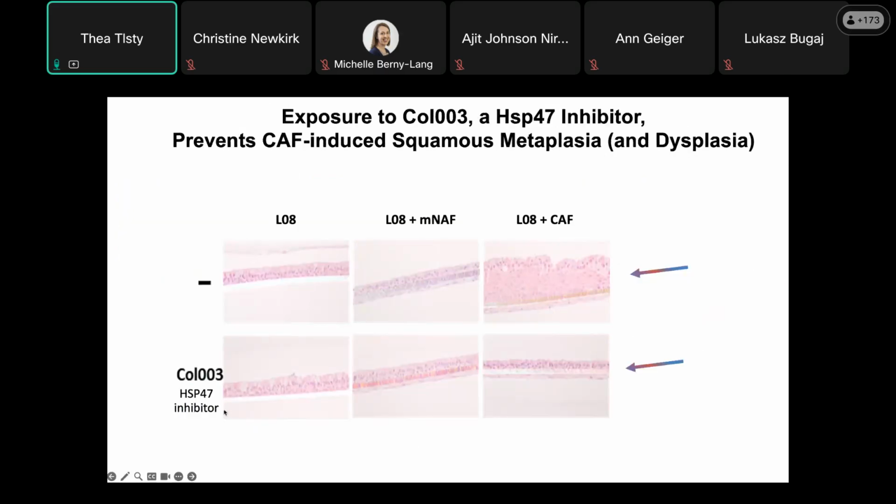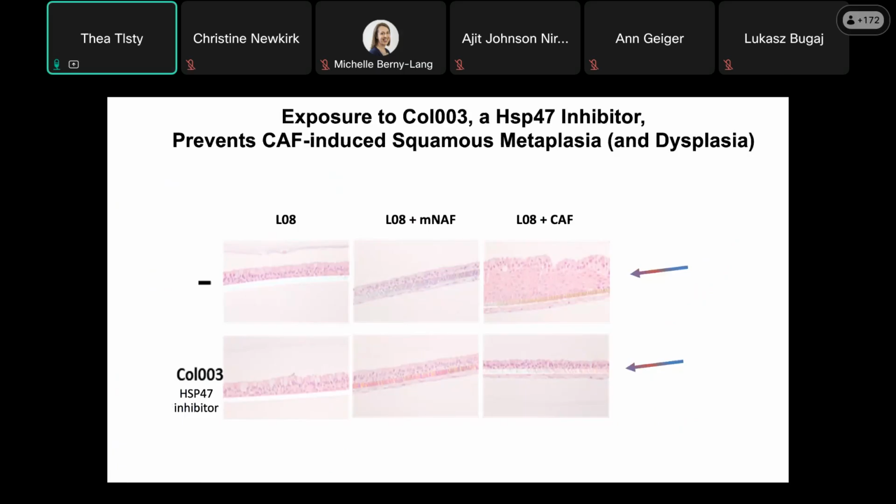This is a small molecule inhibitor. Here are the epithelial cells with the normal fibroblasts, with the calves. You can see the induction of the squamous metaplasia. If we put in the inhibitor of HSP47, there is no induction of squamous metaplasia.